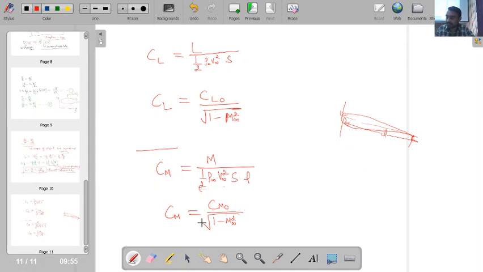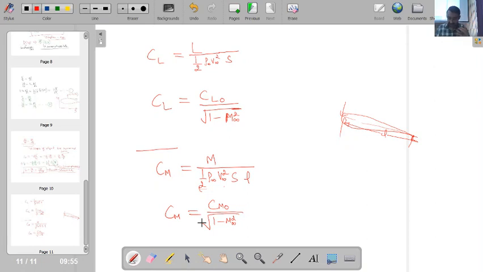So it means if you do the analysis for incompressible flow, using the Prandtl-Glauert rule you can transform it to compressible flow if you just know the free stream Mach number. Fine. Is this point clear?